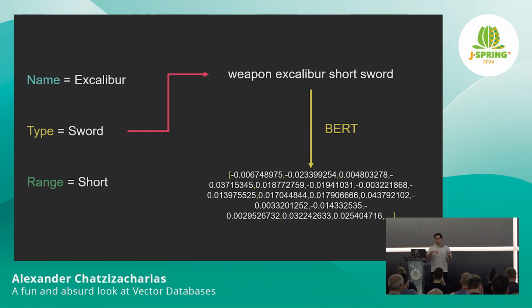Then it would become weapon, name, Excalibur, range short, type sword. In our case, we're not going to be doing that, so we only vectorize the actual data. And then the BERT model will translate that into a vector representation of 384 dimensions. And that is a little bit how the numbers of such a vector embedding look.